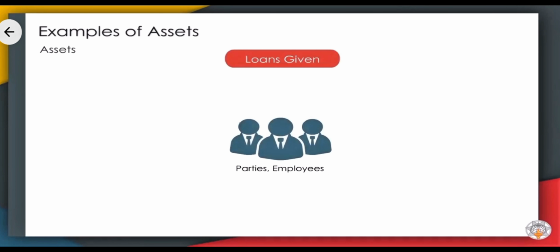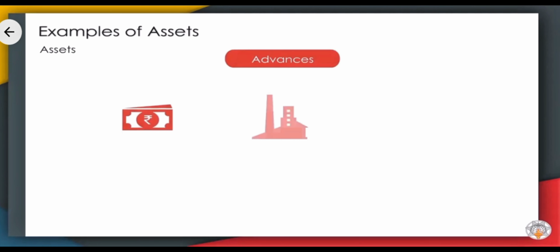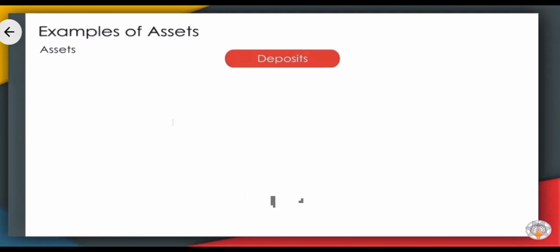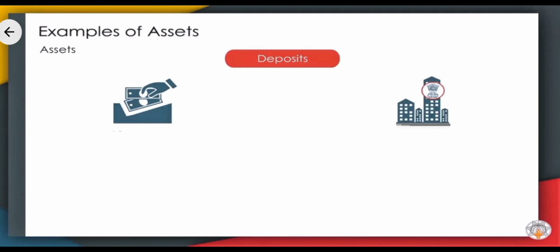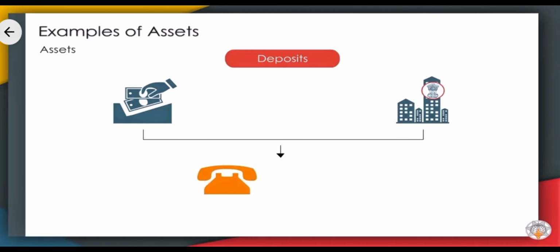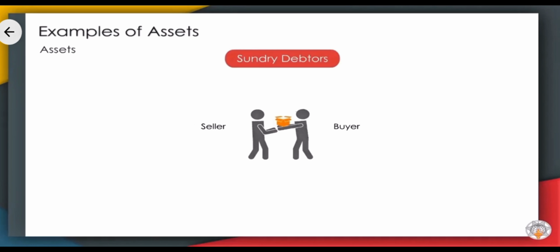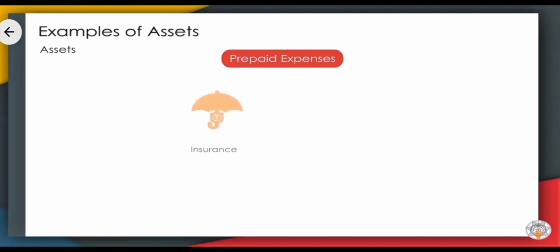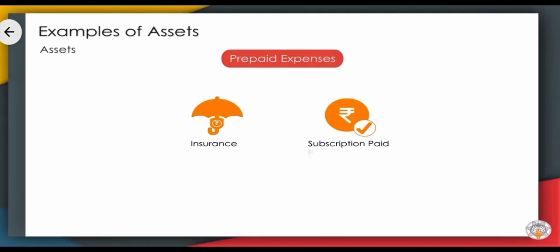Loans given, to parties, employees, etc. Advances, advances given to parties for expenses, to employees, etc. Deposits, deposits with government authorities, telephone, MSEB, etc. Sundry debtors, amount receivable against sale of goods. Prepaid expenses, insurance, subscription paid for future period, etc.